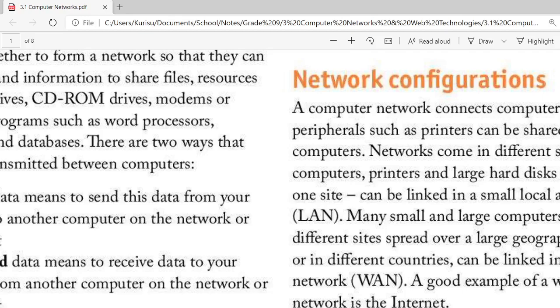Now, a local area network is a small network compared to one, and mostly the size is within a room or within a building. So, for example, your home right now with that router, that configuration is a LAN, a local area network.